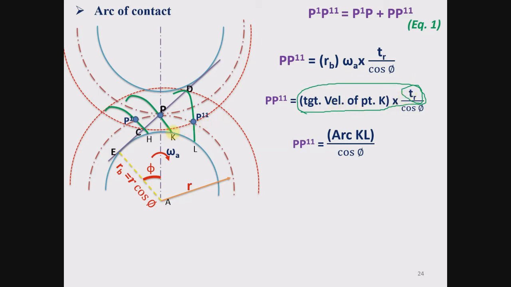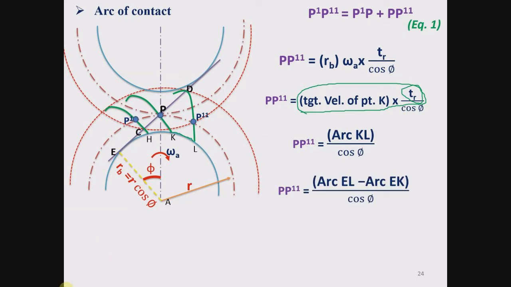What is the distance? That distance is equals to arc length KL. So point K is covering distance KL in time TR while P moves from P to P double dash. So write down this now. Velocity of point K into TR is nothing but arc KL. This is the distance traveled by point K in time TR. So divided by cos of phi.